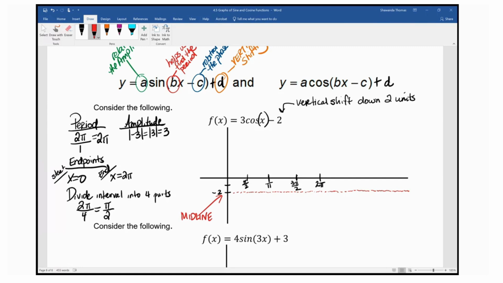So where does this cosine function cross the midline? We're not going to say x-axis anymore since we shifted. Where does it cross the midline? A cosine function. Pi. Pi, you say?